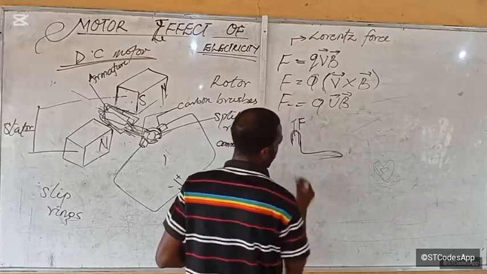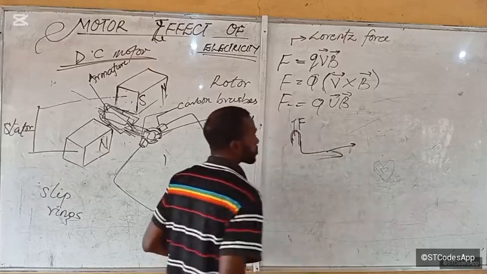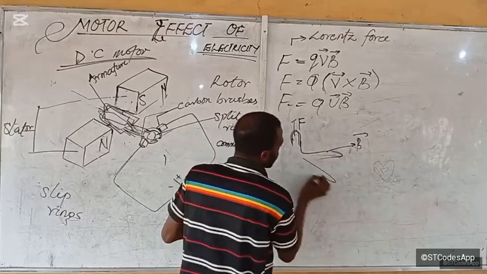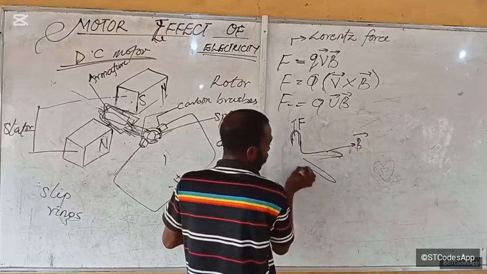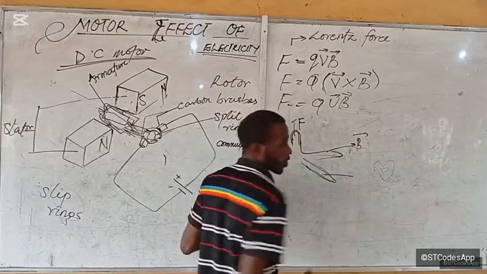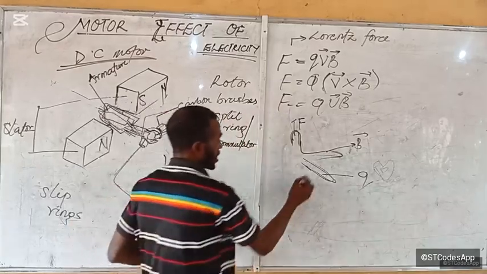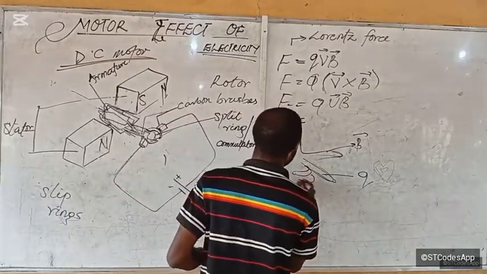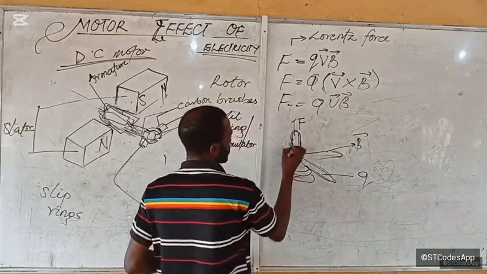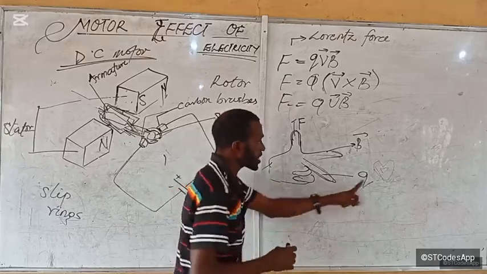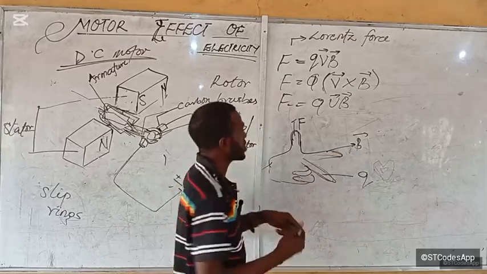Your forefinger will still be the direction of the magnetic field. But this time, your second finger, your middle finger, is not going to be current again. It's going to be the what? The direction of charge. And then you have the other fingers bent like this. Okay? So this one is going to be your Q, this one is still going to be your B field.